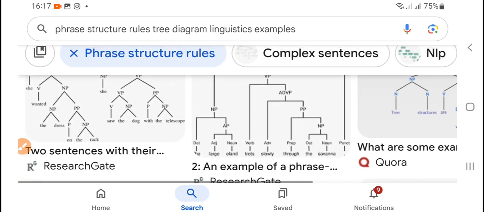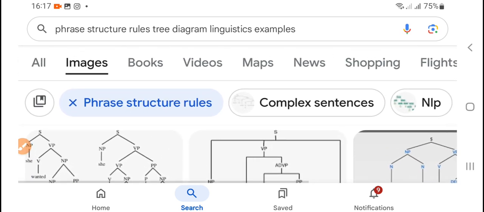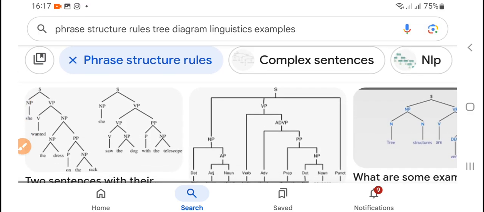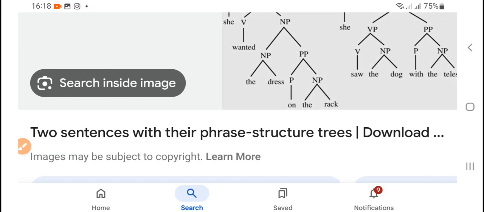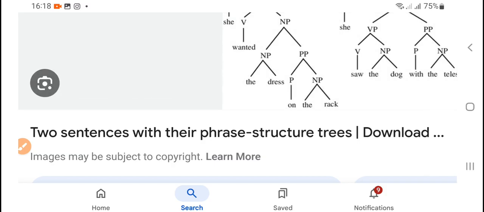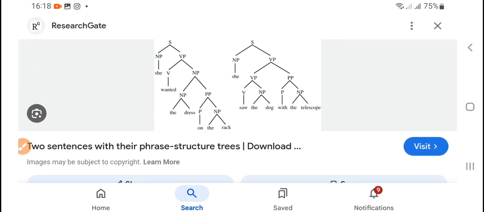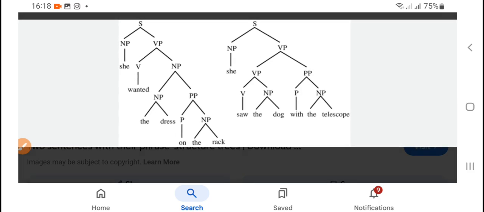So these are the phrases, right? For example, she wanted the dress on the rack.